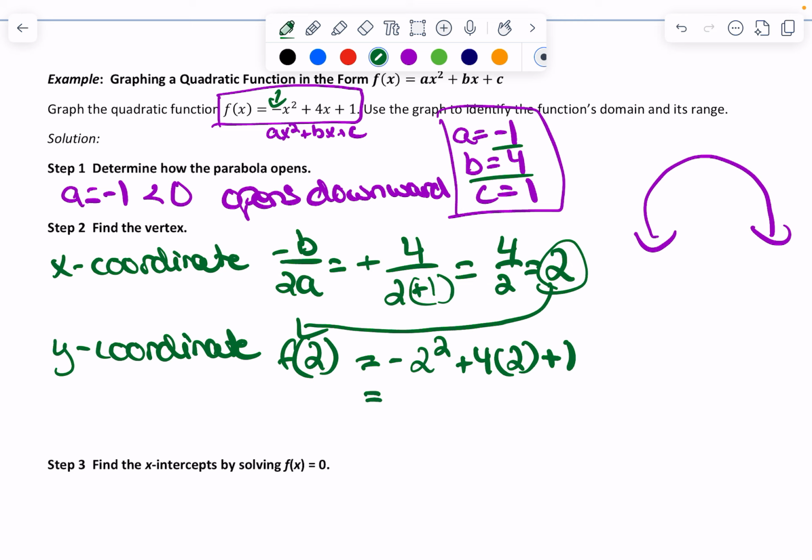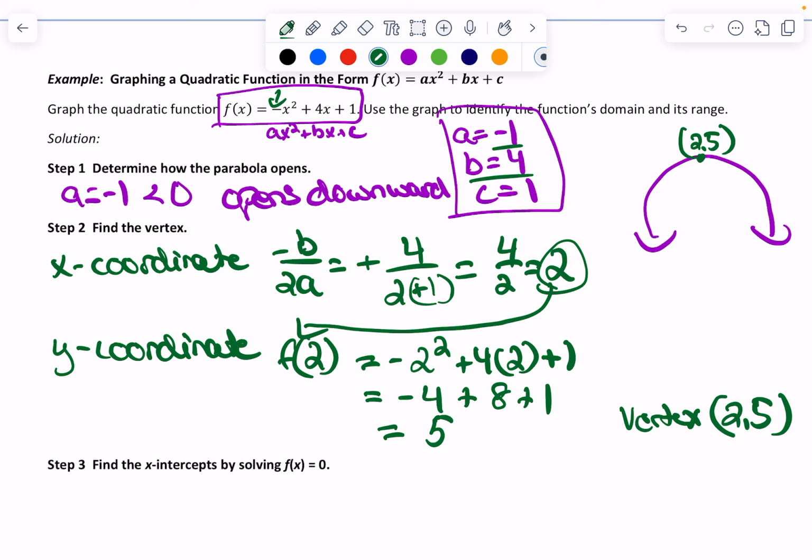So it is going to be -4 plus 4 times 2 is 8 plus 1. So our y-coordinate is 5. So our vertex for this is going to be 2, 5. So the 2 is the x-coordinate and 5 is the y-coordinate.